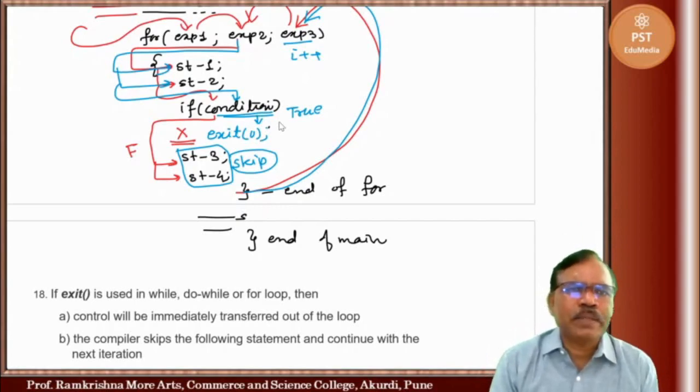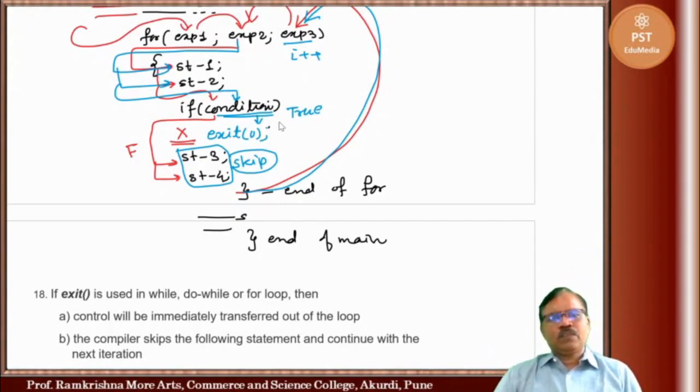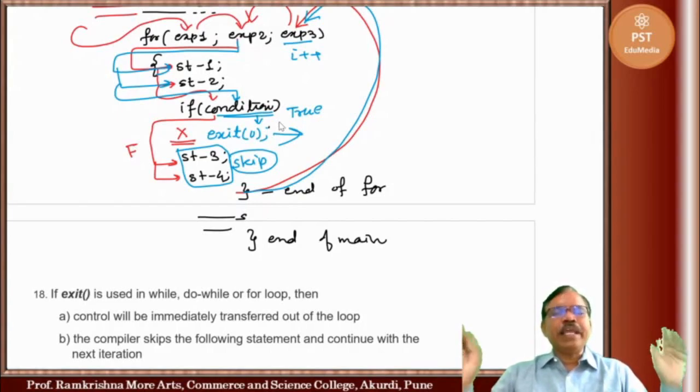So what happens? As long as condition if is false, it will execute that loop, and when condition becomes true, exit statement is executed. What happens when exit statement is executed? It will not only come out of the loop, it will come out of the program without giving you any output.